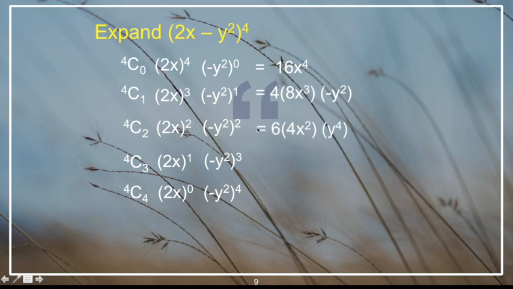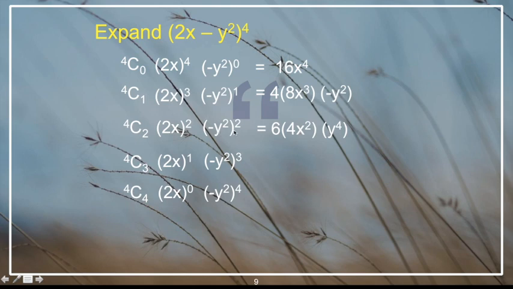Let's go to the third term. Combination of 4 taken 2 is 6. Then (2x)² is 4x². A common mistake is that the index 2 is just applied to x. Don't forget that it should also be applied to the numerical coefficient.